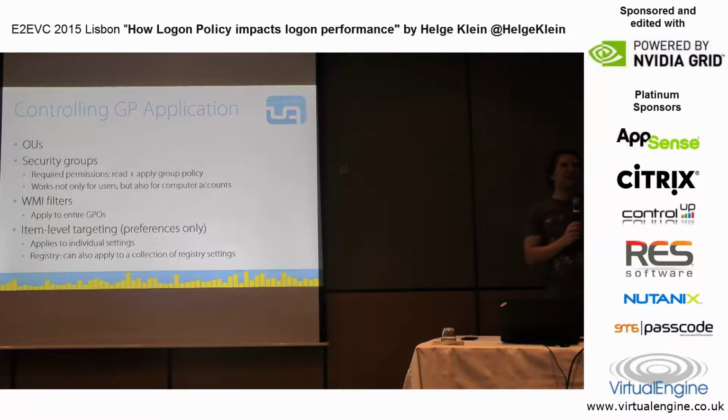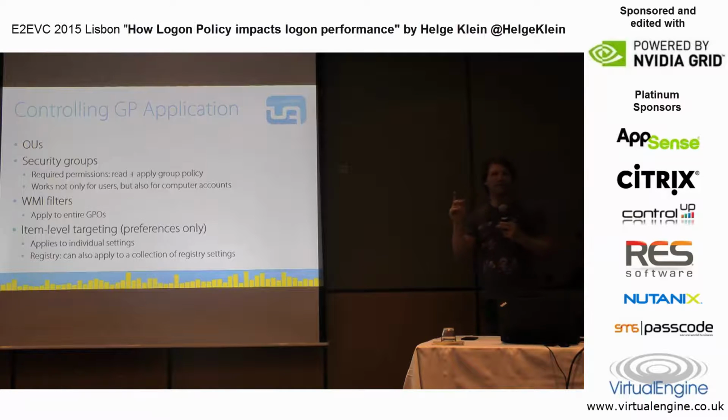Well, these things happen one after another, basically in that order. First, the group policy engine looks at the OUs and what is linked to the OUs. Then it takes all those GPOs that are linked, and it looks at each of the GPOs' permissions. If the permissions don't fit for the current user or current computer, the GPO is ignored.